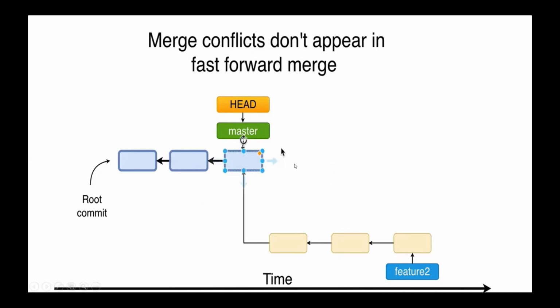So in the fast forward merge there is no conflict, because there is no commit present in the master branch to merge with the edited portion of the feature branch. So you just apply the fast forward merge command, and the head pointer and master point to the feature two branch.